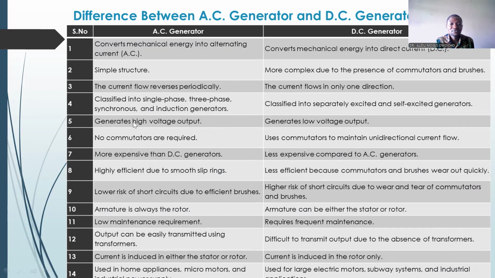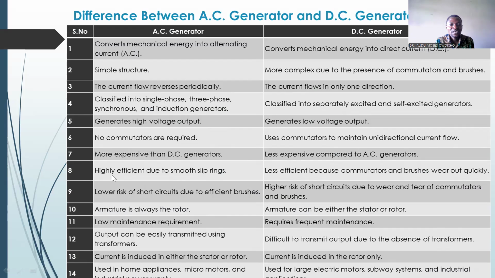AC generator generates high voltage output, while DC generator generates low voltage output. AC generator has no commutator, while DC generator uses a commutator to maintain unidirectional current flow. AC generator is more expensive than DC generator.